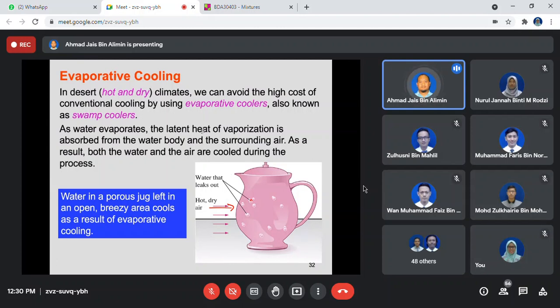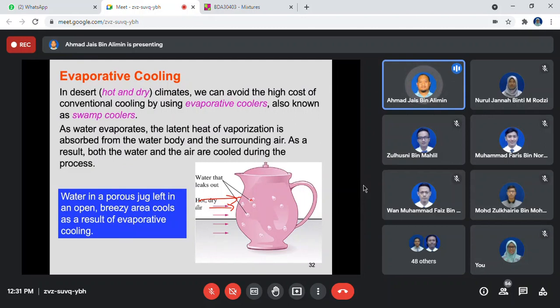Okay. So as water evaporates, the latent heat of vaporization is absorbed from the water body and the surrounding air. As a result, both the water and the air are cooled during the process. Usually, if you store your water inside a porous jug, and then the incoming air, or moving air outside the container, will enable the evaporative cooling to happen.